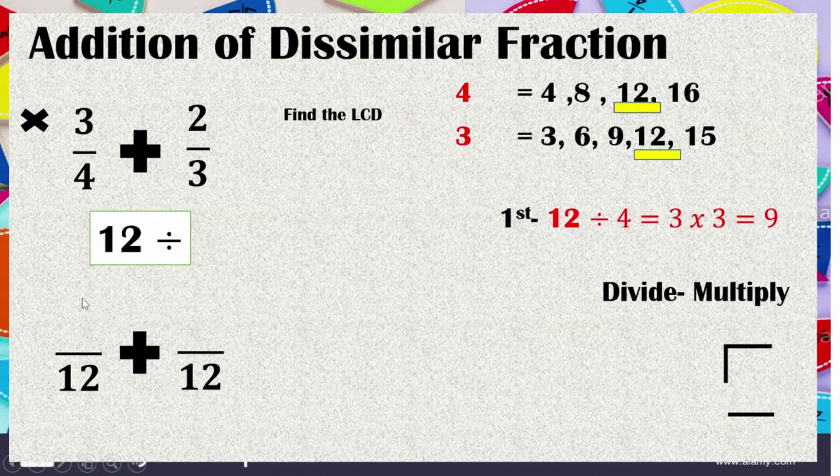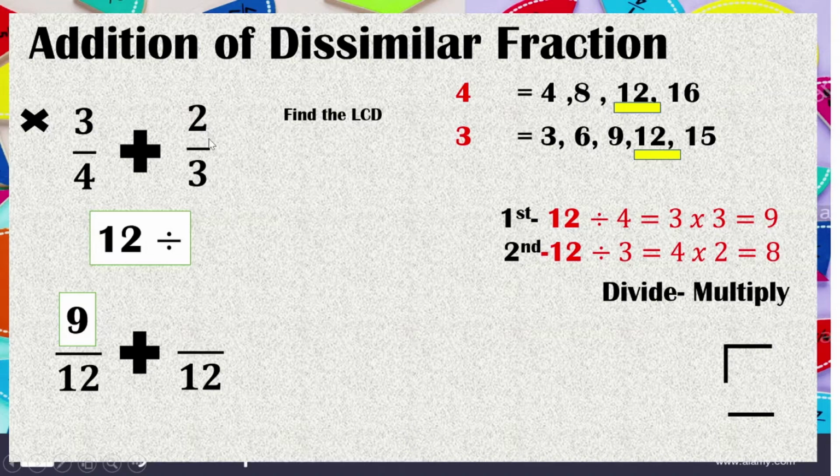So that is the answer here. Okay, so 9. Next, dito naman tayo sa pangalawa. 12 divided by 3 is 4. 4 times 2 is 8. Correct? Ayan. So, sinusulat ko dito kung paano gawin.